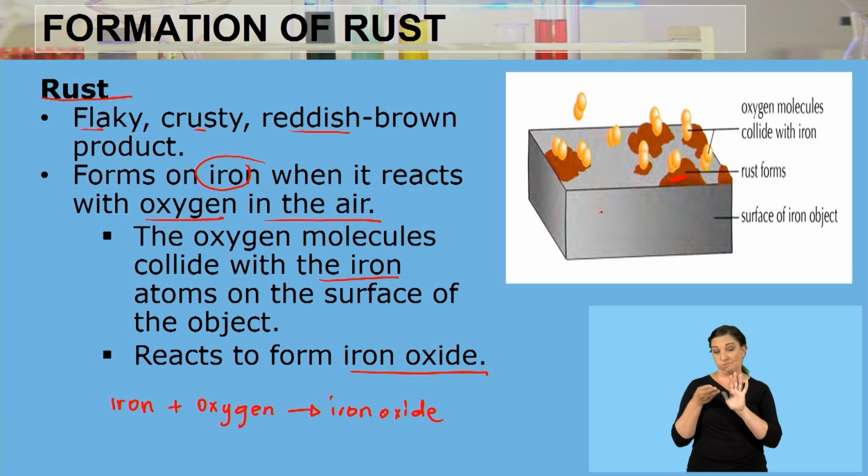So in this picture, we have our iron substance colliding with the oxygen molecules from the air, and when that collision happens, there's a chemical reaction between the surface of the iron and the oxygen to form that reddish brown flaky substance, which is called our iron oxide.